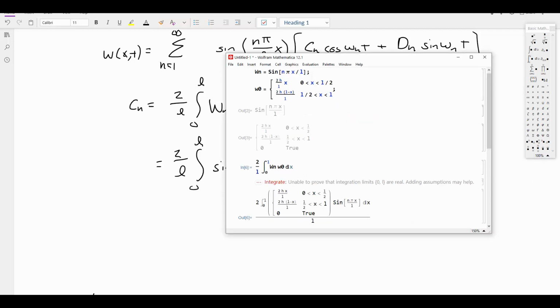Now we see it didn't like that because there's a lot of variables in here and it doesn't know what to do with some of them. So what we can do is give it a little bit more information and then it's going to be able to hopefully do this. So one, it doesn't know that things are real. It doesn't know what the value of L is. We want to do this generically, so we can tell it that L is a positive number.